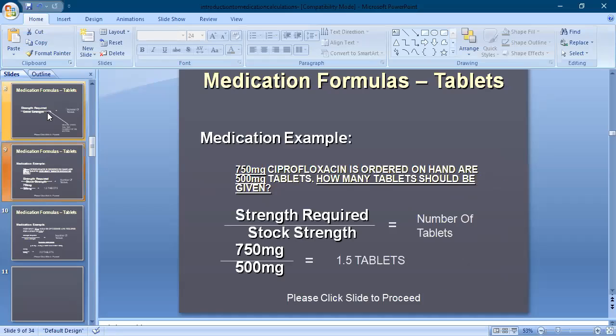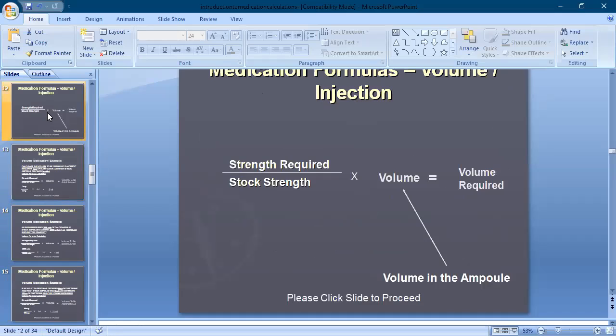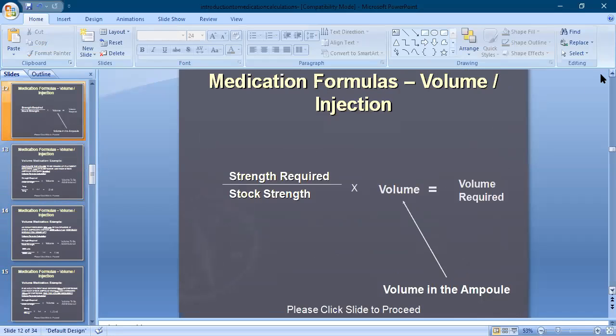So here, the formula is this formula, okay? The medication formula when it is a volume or injectable.